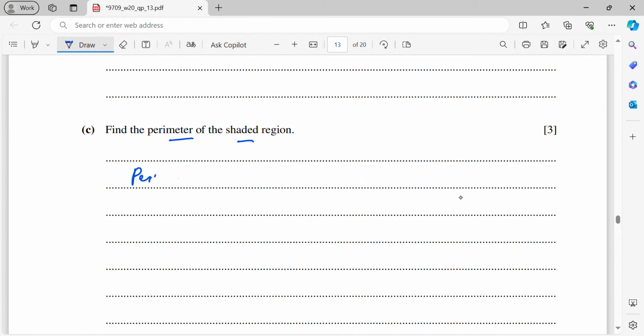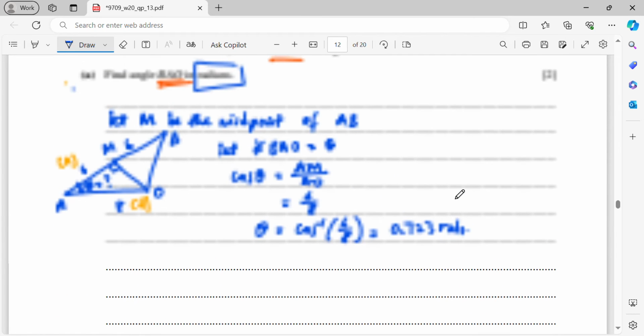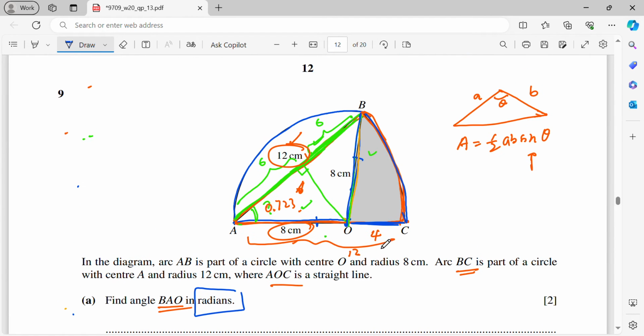So the perimeter of the shaded region equals OC plus OB plus the arc length of BC. These 3 sides.